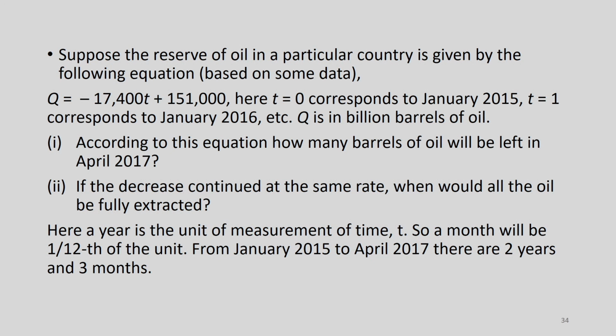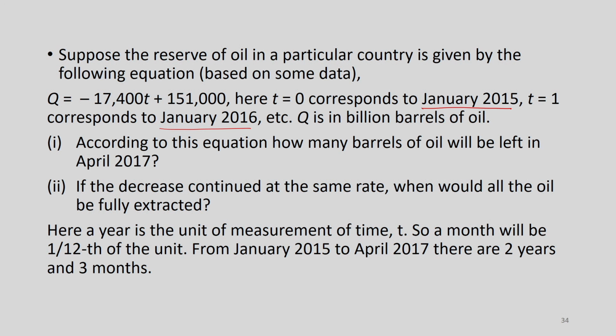Here T is equal to 0 corresponds to January 2015, T is equal to 1 corresponds to January 2016, etc. So, T is time, and it is measured in terms of years. So, 1 year is equal to 1 T, and the origin is at January 2015. What is capital Q? Q is in billion barrels of oil.